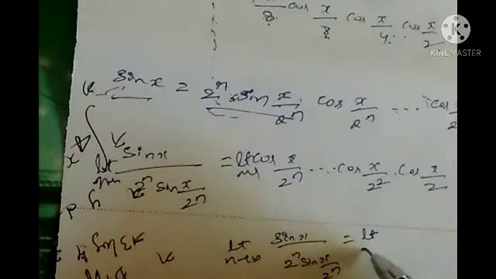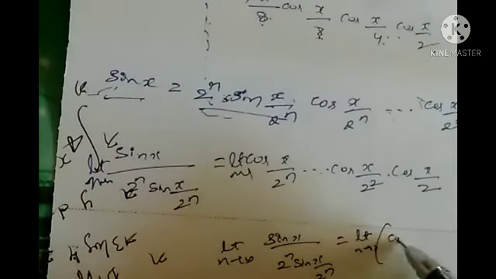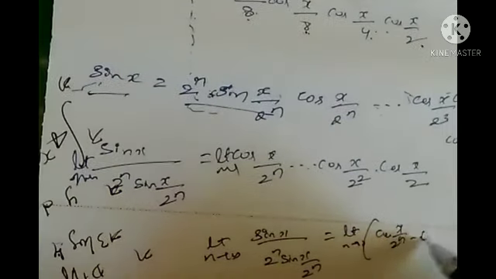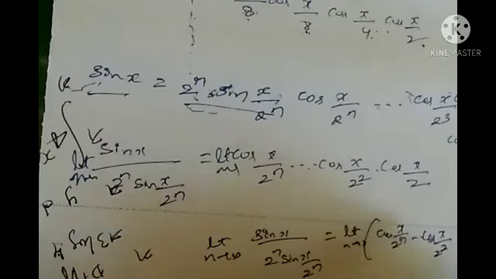That means limit n tends to infinity of sin x by 2 power n into sin x by 2 power n. Okay, this is equal to limit n tends to infinity of cos of x by 2 power n and so on, cos of x by 2 square, that is cos of x by 2. Okay, we get like this.